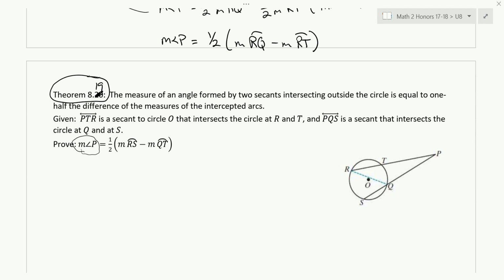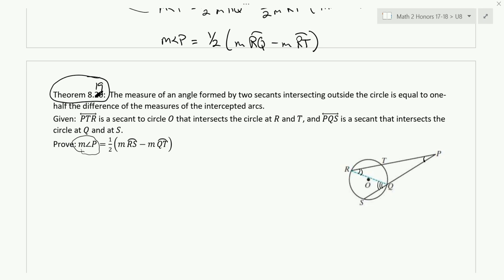We're going to use the exterior angle theorem again. In this case, we're going to say that the measure of angle P plus the measure of angle PRQ is equal to which exterior angle? RQS. And if you look at RQS and PRQ, those two angles are inscribed angles.